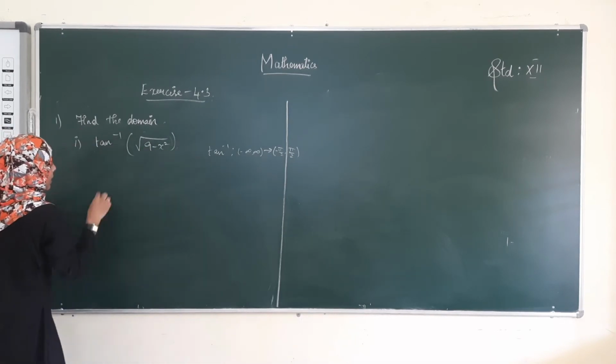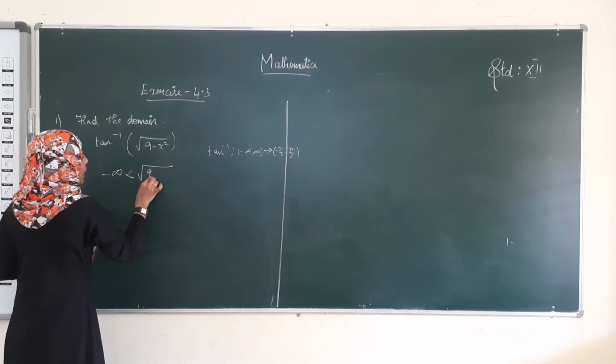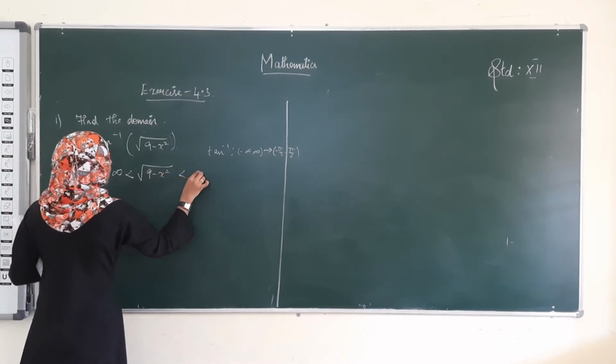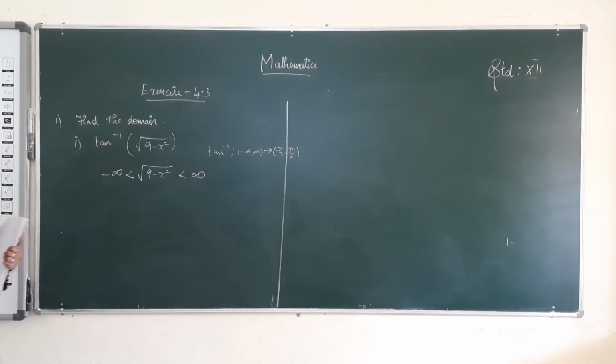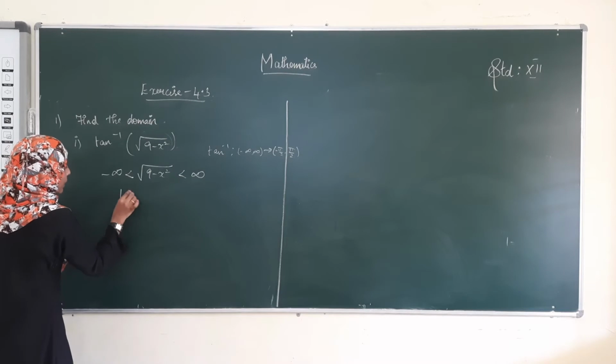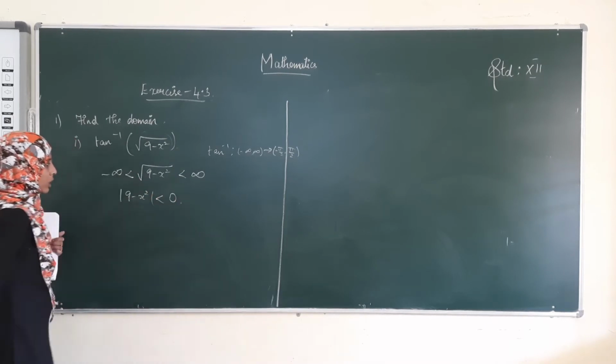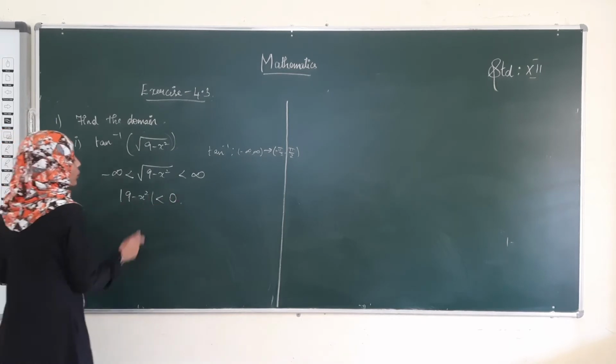Therefore, equating this, that is minus infinity less than root of 9 minus x square less than infinity. See here, I am taking the square root, what does it become? It becomes 9 minus x square greater than or equal to 0, since we have minus infinity on one side.